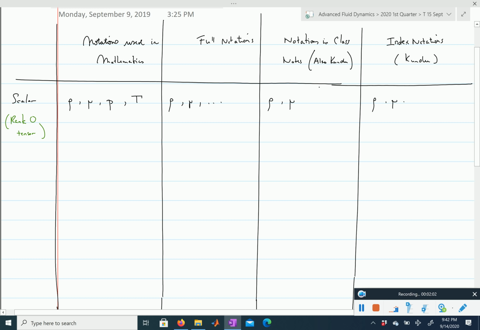Now, if you go up one, rank 1 tensors are vectors. So in mathematics, you may have written them as a letter with an arrow on top.